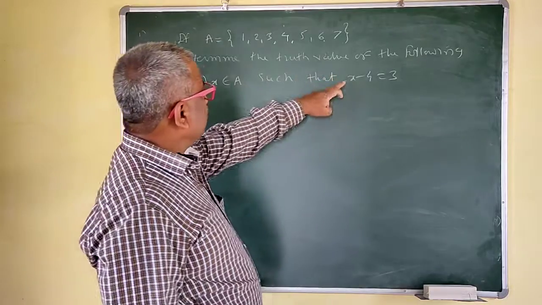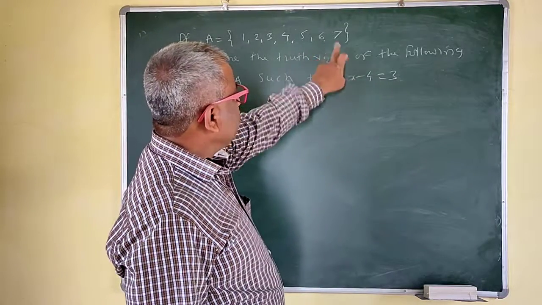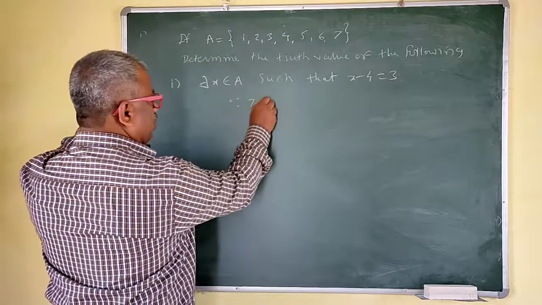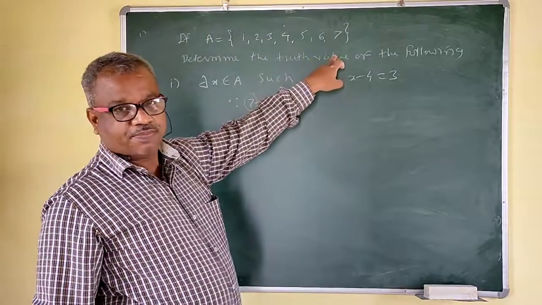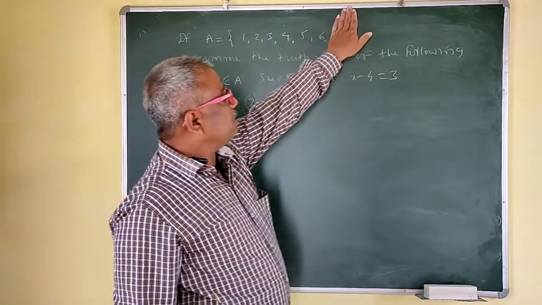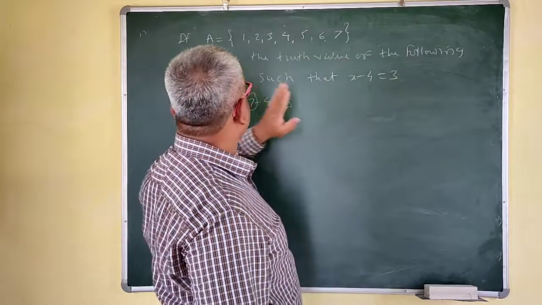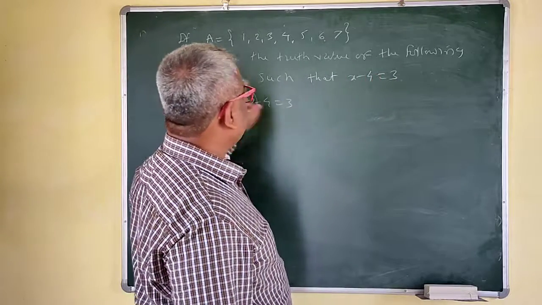Actually, x should be greater than 4. Take 7 minus 4, right? Since 7 minus 4 is equal to 3, and 7 is an element of A. Suppose 7 is not there. That means there does not exist any such element, so the statement would be false.